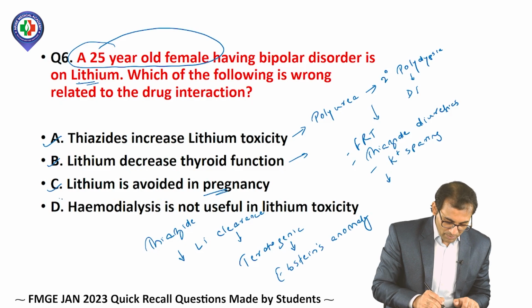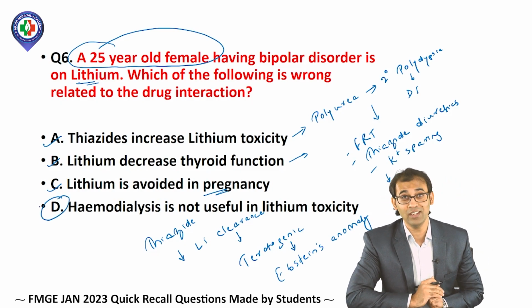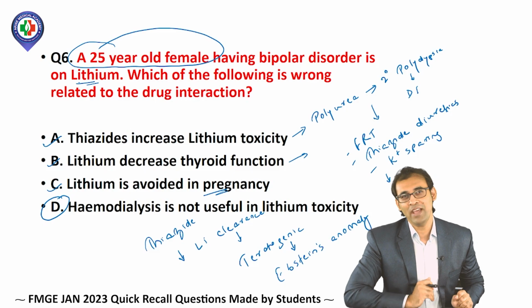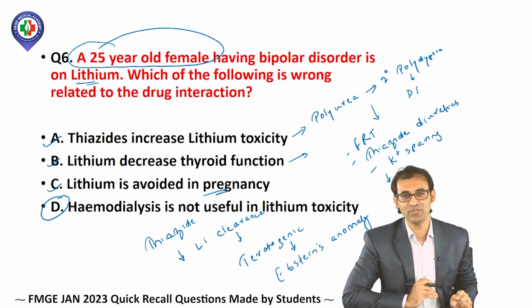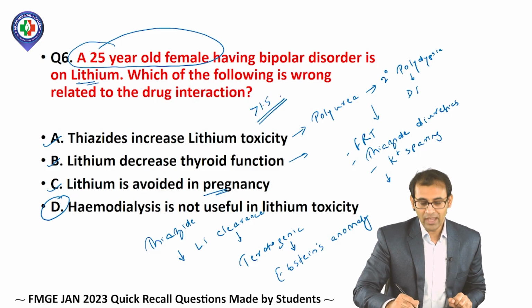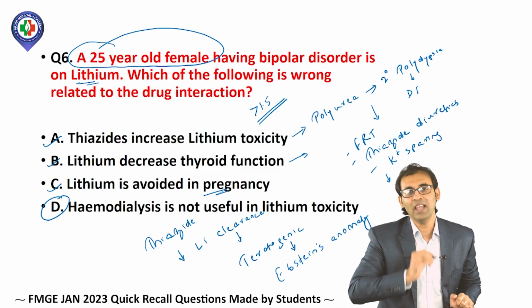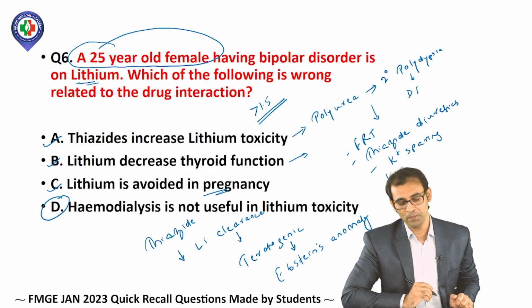But what about option number 4? Hemodialysis is not useful in lithium toxicity? No. Hemodialysis is the final management here. Please understand that more than 1.5 milliequivalent per liter plasma concentration is the indication of lithium toxicity.